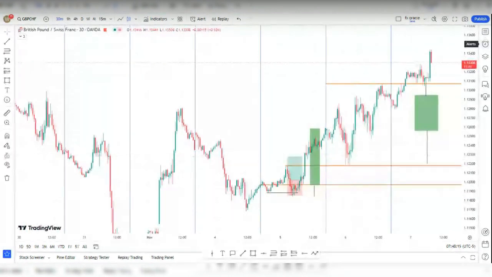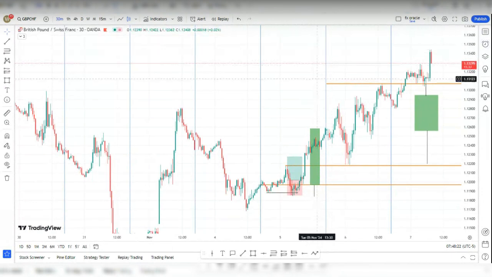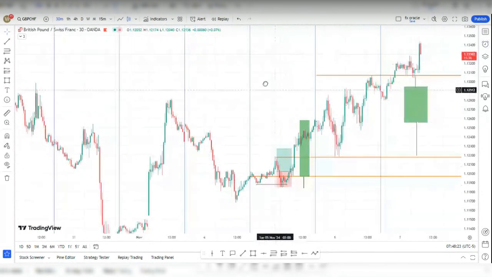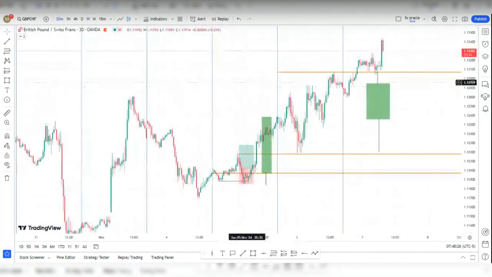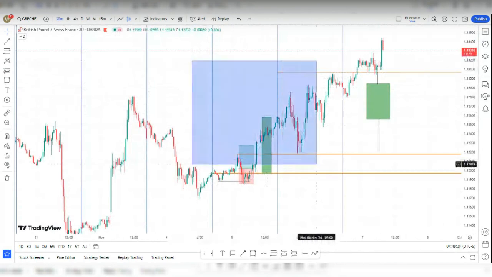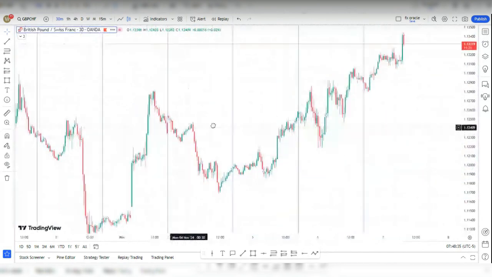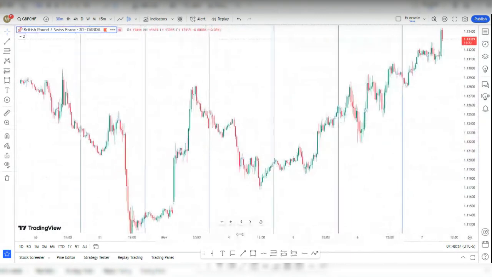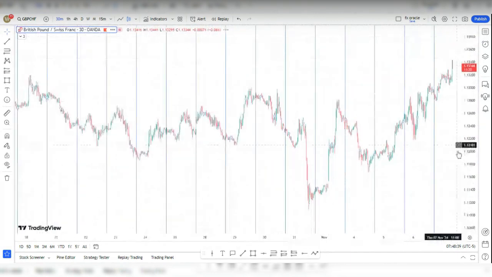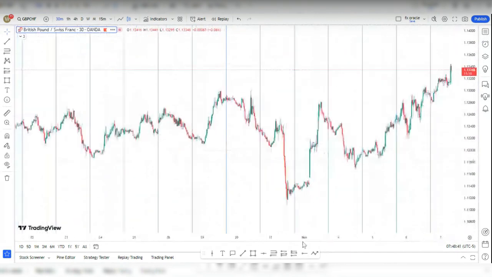So if you understand this simple concept, it will help you a lot. You won't be making unnecessary mistakes, and it will help you know how the candle behaves. So you won't be freaking out once you see a candle moving in a particular direction when it has not even closed and you're already trying to take a decision.